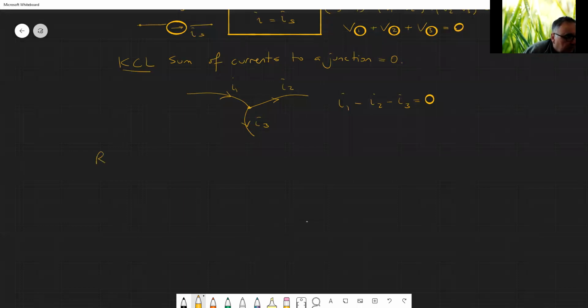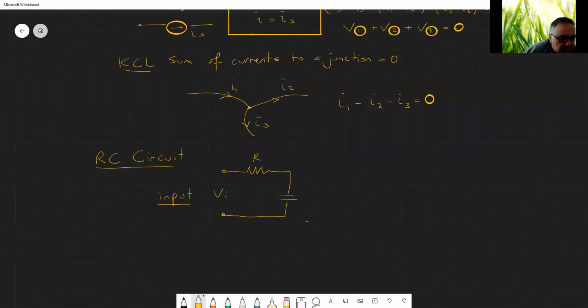For example, a very basic electrical system is the RC circuit, which is the following. There is a resistance and a capacitor. This is the input voltage, let's say we call it EI. This is input to the system.